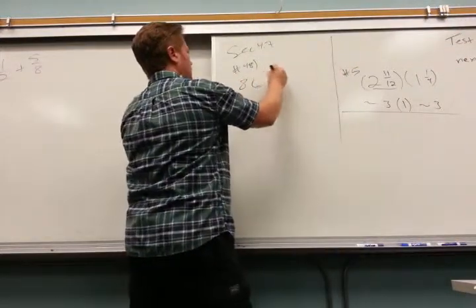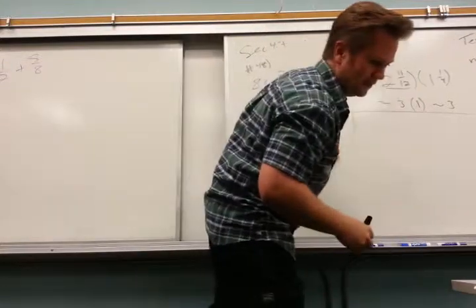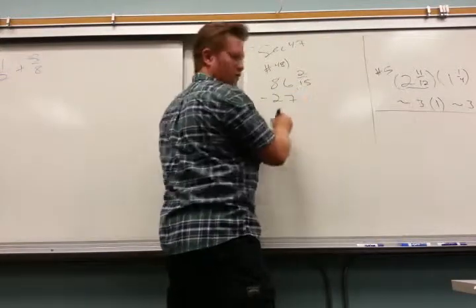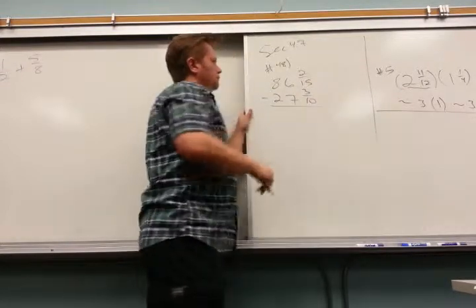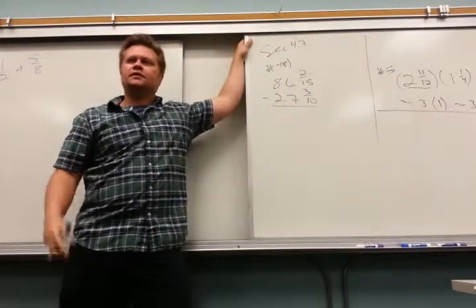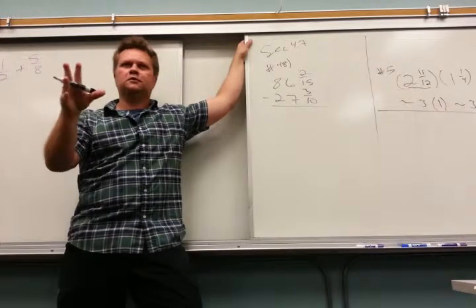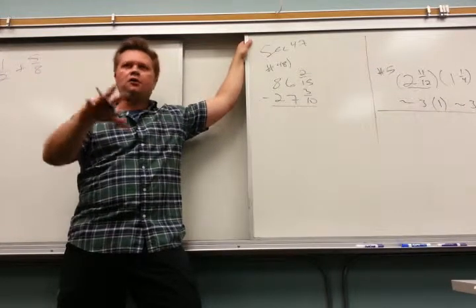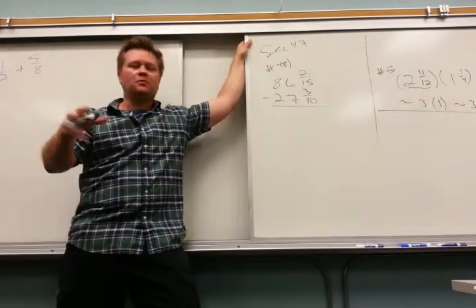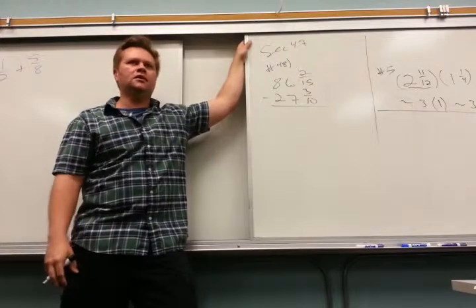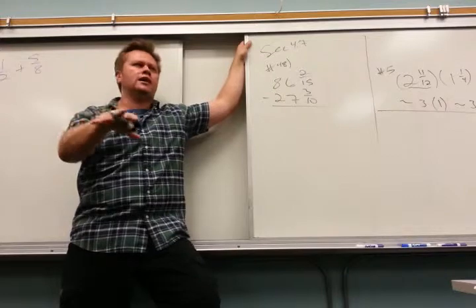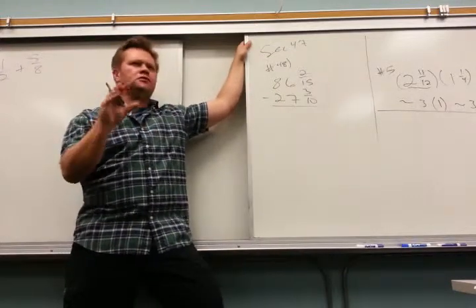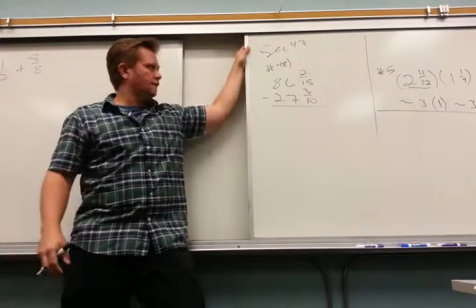Let's see. 86 and 4/15 minus 27 and 3/10. And see, sometimes I say that kind of thing on purpose because I want you to realize I know math pretty well, but I still look at that and go, that's kind of gross. There's nothing wrong with that, but don't make that be why you won't try it. Just go, okay, that's kind of gross. Let me be careful about this.